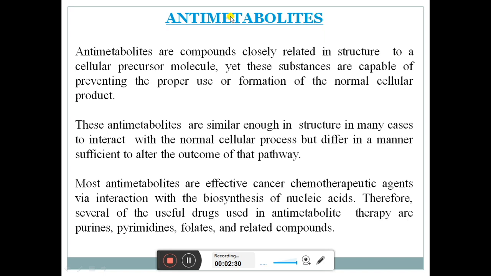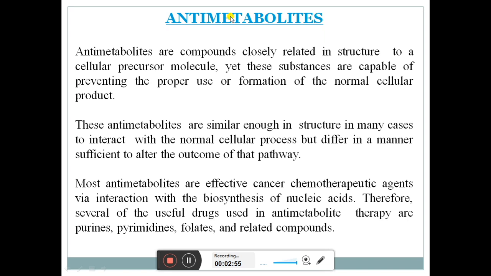These antimetabolites are compounds which are related in structure to a cellular precursor molecule. So for the study of these drugs we need to study how the synthesis of DNA and the synthesis of RNA take place in a particular cell. What are the different mechanisms for the biosynthesis of DNA and RNA? Again, various proteins and purine and pyrimidine analogues in our body are very important.